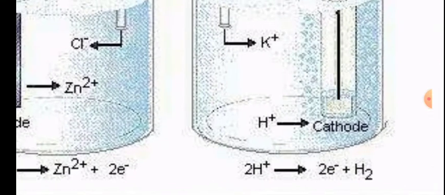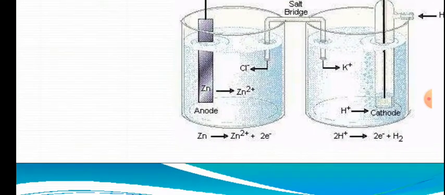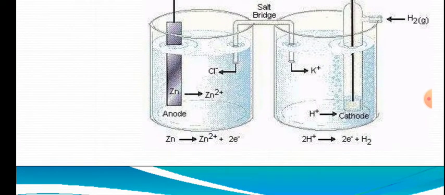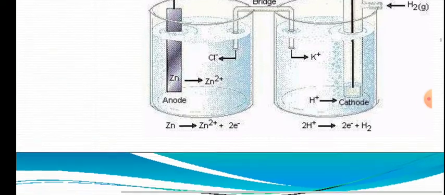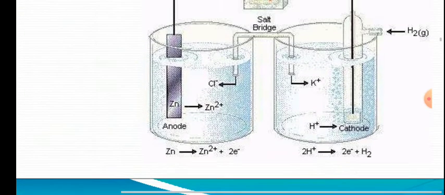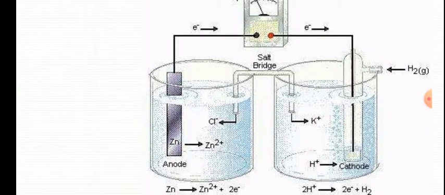So basically here on the left hand side, zinc is converted to Zn2+, and here H+, that is the acidic solution, is converted to hydrogen. So this is the reaction, and due to these two reactions, there is a transfer of electrons from anode to cathode, and the two solutions or the two chambers are different.